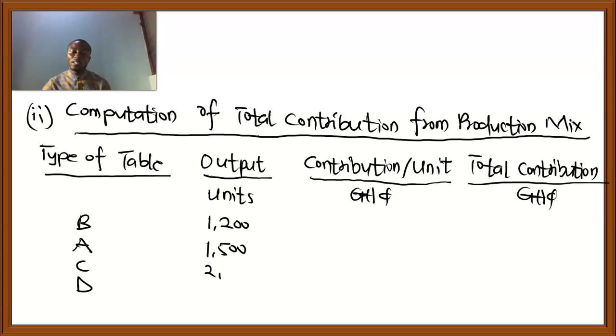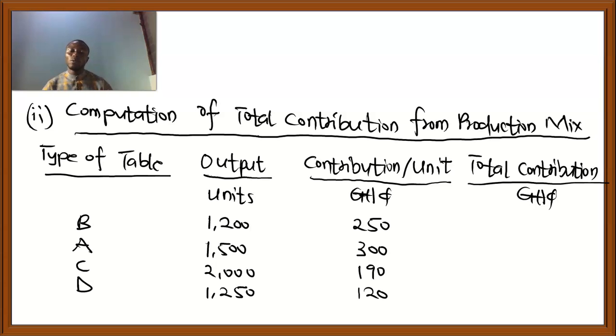C 2,000, and D 1,250. Per our computation of contribution per unit, we realize that table B has a contribution of 250, table A 300, table C 190, and table D 120.